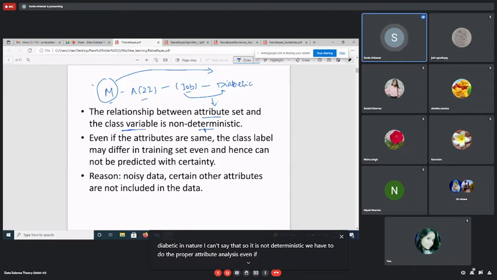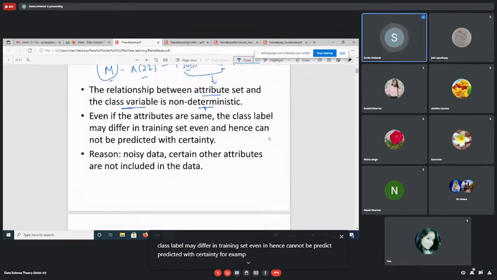Even if the attributes are the same, the class label may differ in the training set and hence cannot be predicted with certainty. For example, I have a data set: male hai, एज इज दिस, जॉब है, डायबिटिक, यस.